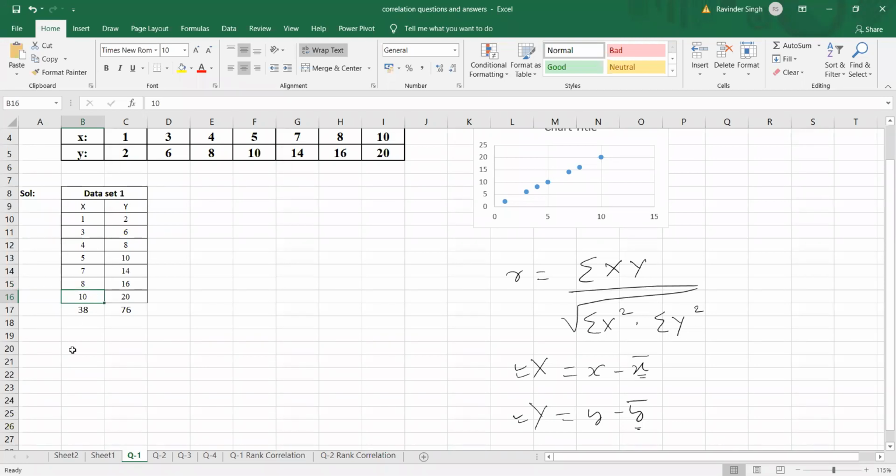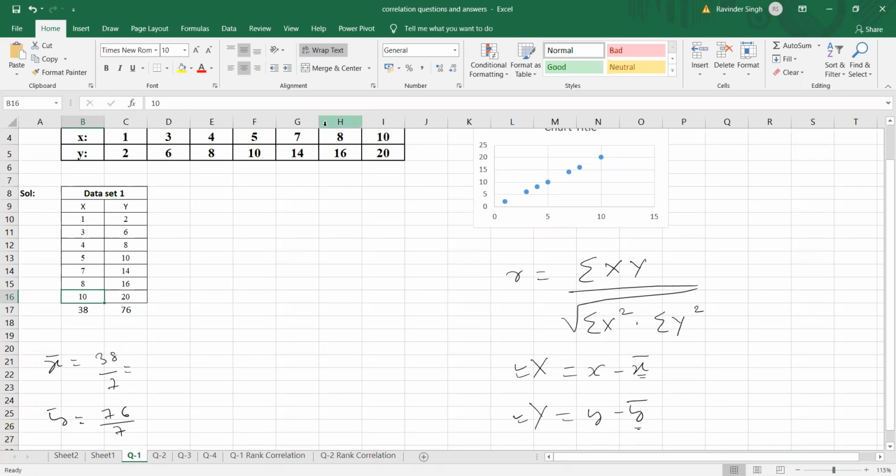We have 7 data points. So the X bar value will be 38 by 7, and the Y bar value is 76 divided by 7.